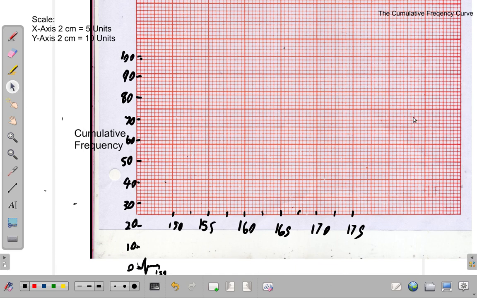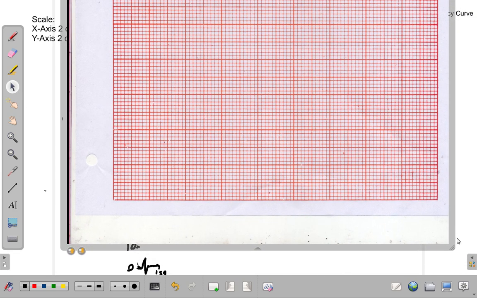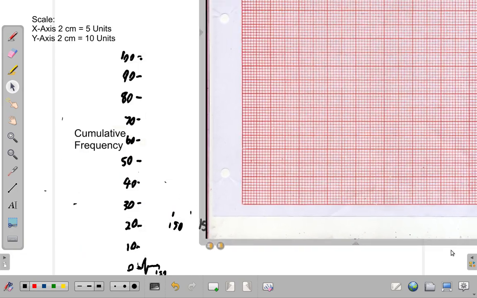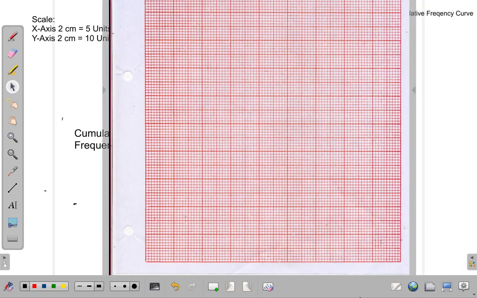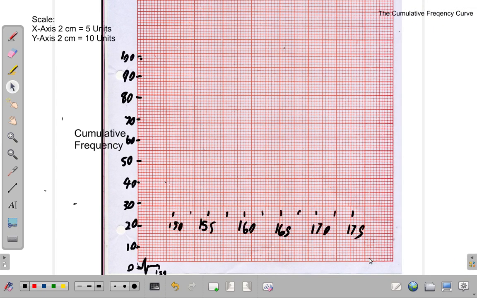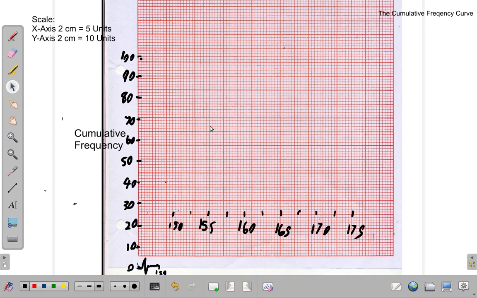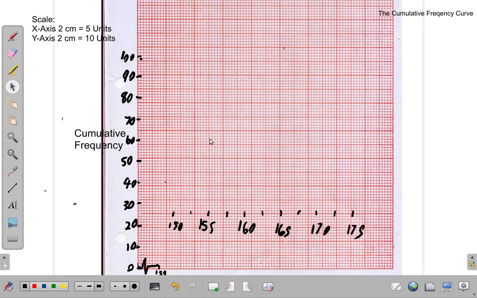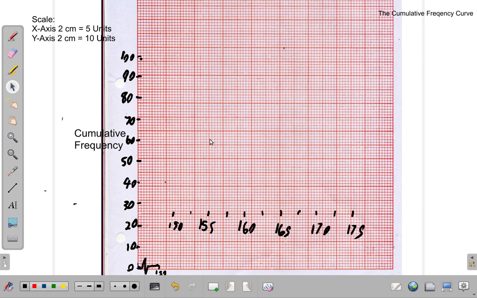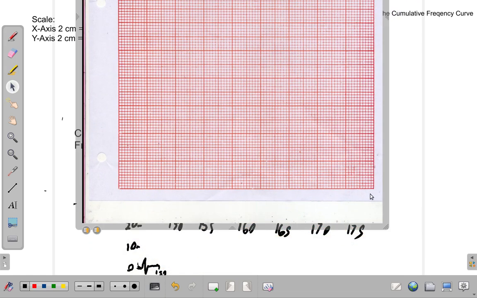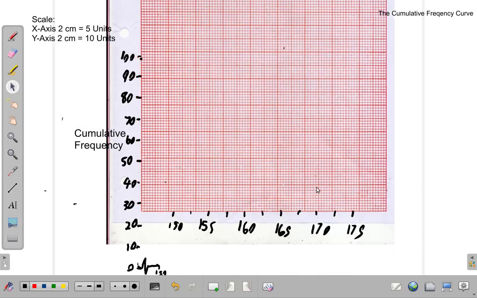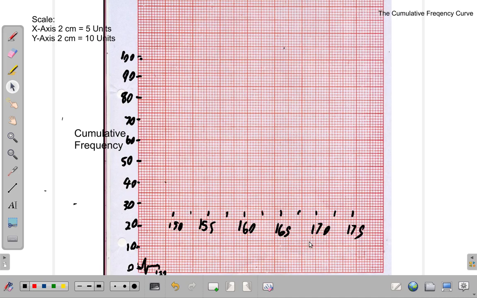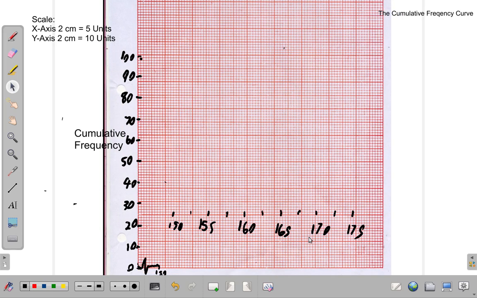Let's see if we can resize our graph paper to put it back where it was. This is where we had started. Somewhere here. Okay, we need to make it just a little bit shorter than it was before. Alright, that's somewhat close.